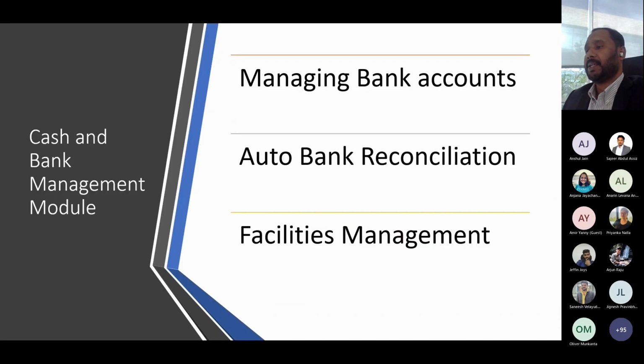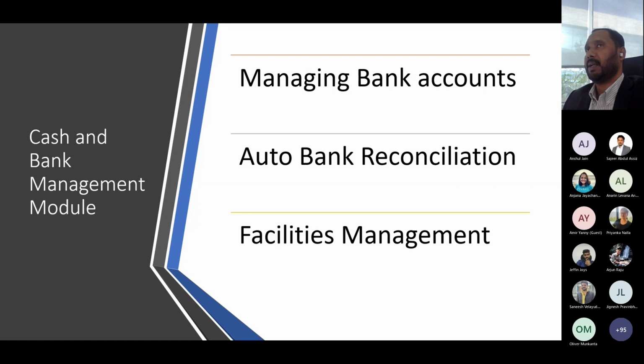Then we have the cash and bank management module. We can create all your bank accounts in the cash and bank management module, and we can do bank reconciliation. Normal reconciliation, yes, we all do on a daily or periodic basis. But D365 allows auto bank reconciliation. How it works is, there are certain certified formats like ISO formats or the MT940 format.